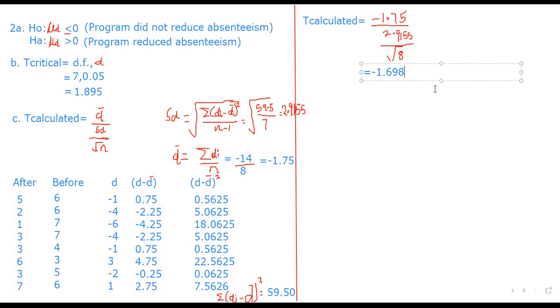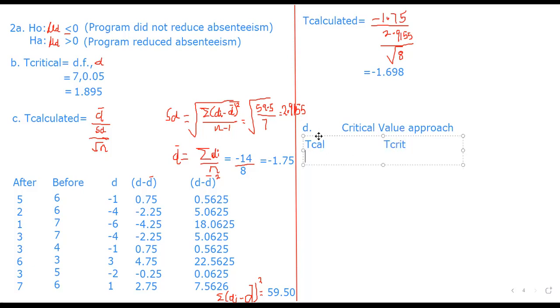The critical value is 1.895. So the question is telling us that we should decide with the critical value approach. That one we compare T-calc and T-crit.